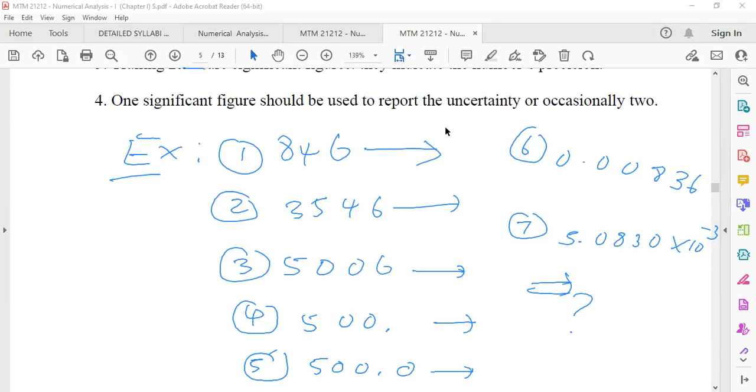This is number 6. Okay? This is 6, not a 0, 6. We got only 3 answers.